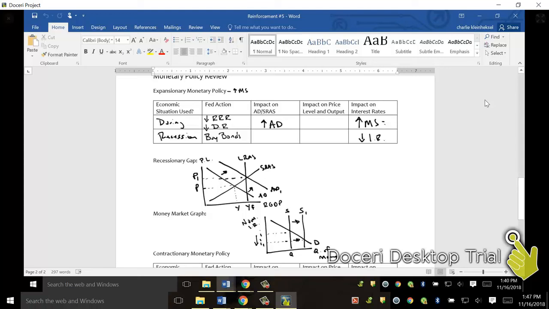And when that happens, we know that there's going to be an increase in price level and an increase in output in the economy. And so that's how we use monetary policy as a stabilizer to fix a recession.